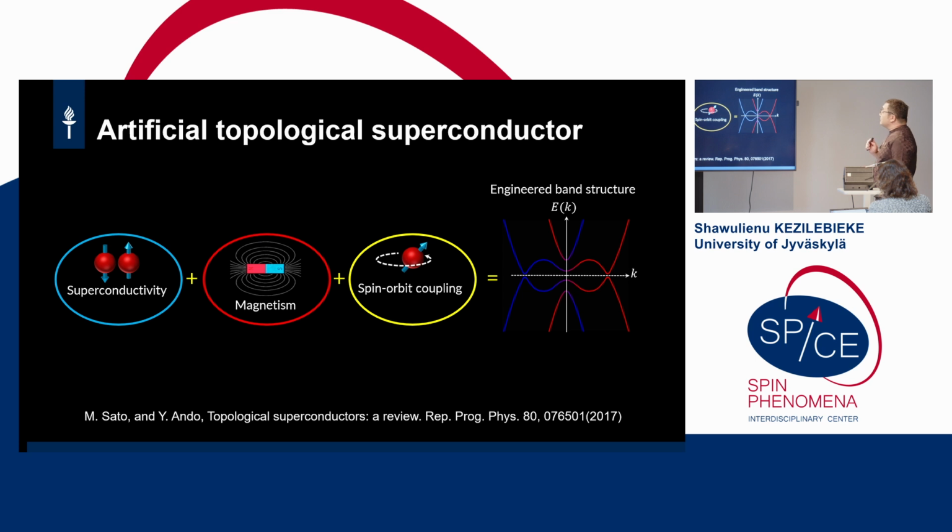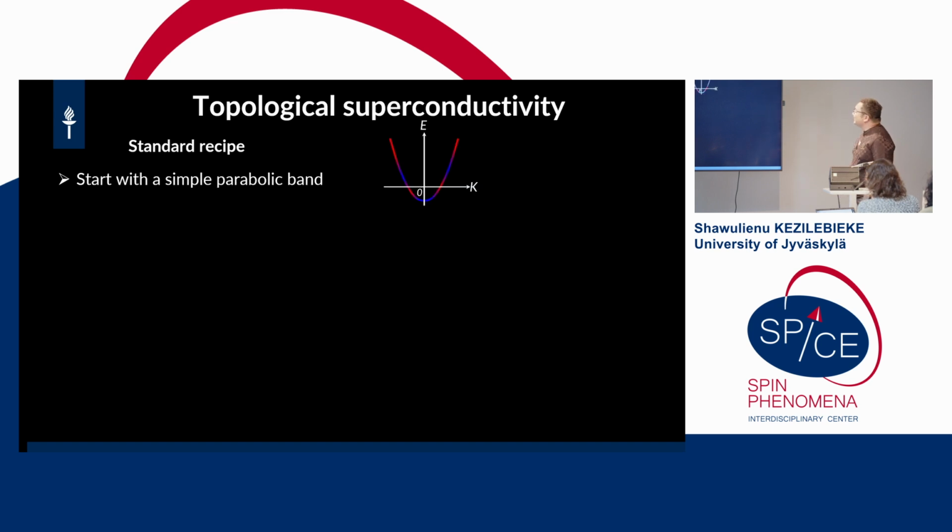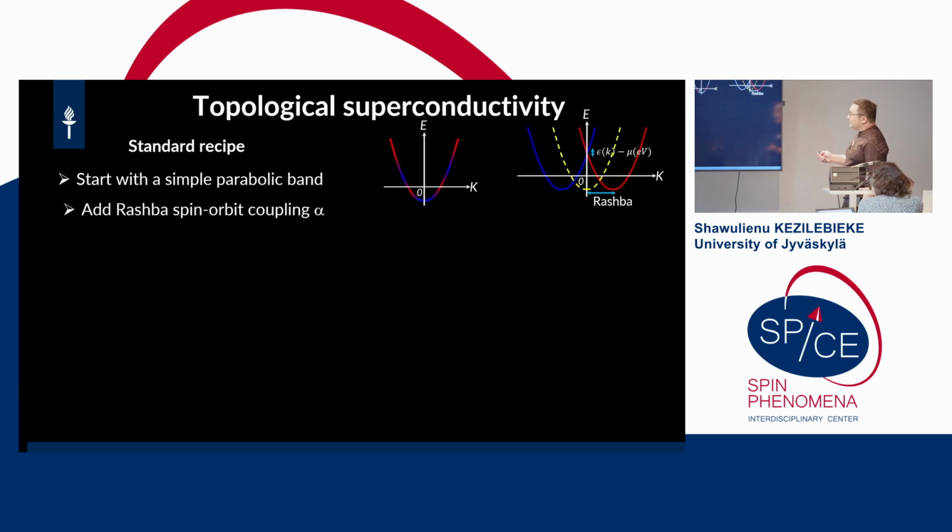Now in the next slide, I'm going to show how we can do this using PowerPoint physics. This is not actually theory, it's a theoretical calculation. I apologize to the actual theory guys. So we start with, let's say, a simple parabolic band. Then we add spin-orbit coupling, which basically shifts your parabolic band and lifts the degeneracy, except at one point where your Rashba spin-orbit coupling is 0.